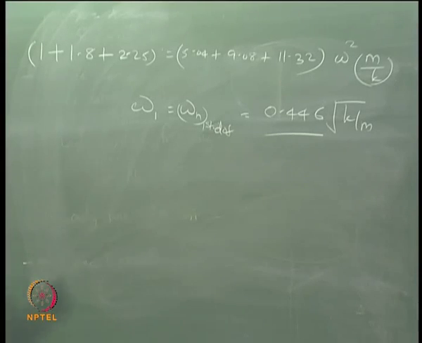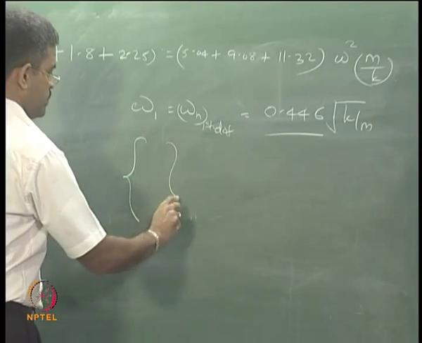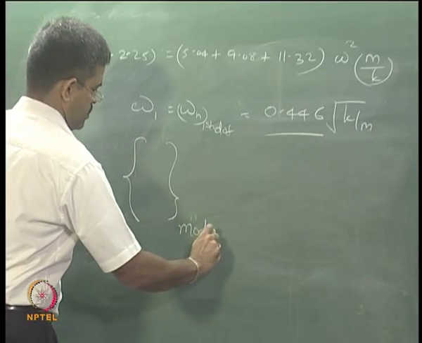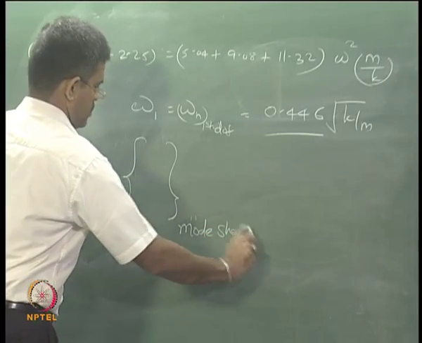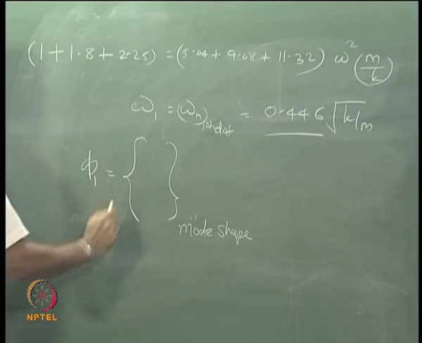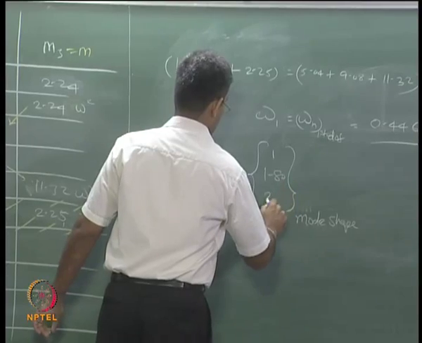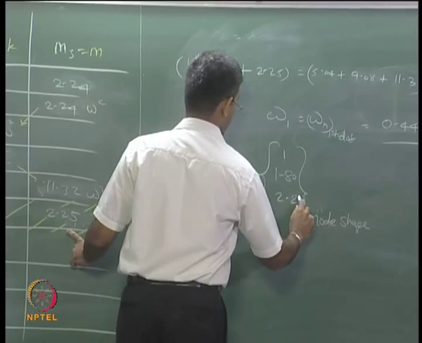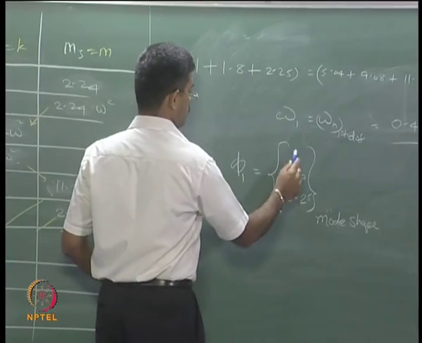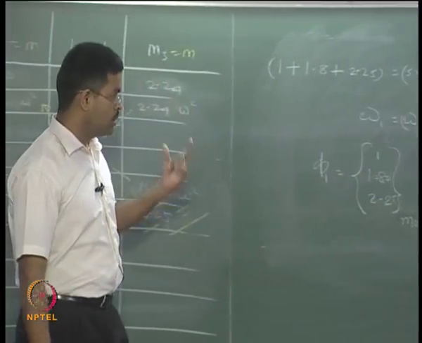The corresponding mode shape, which I should call phi 1, is 1, 1.8, 2.25. So all are positive values, no zero crossing, first mode, first frequency.